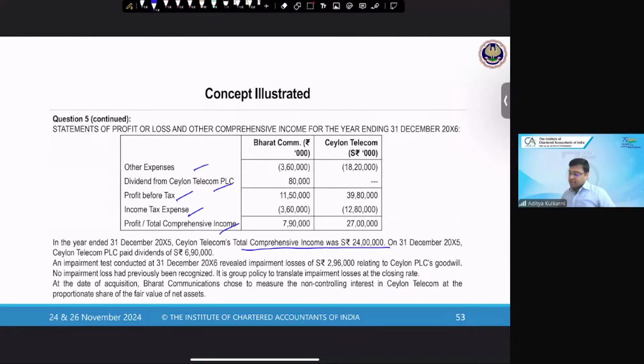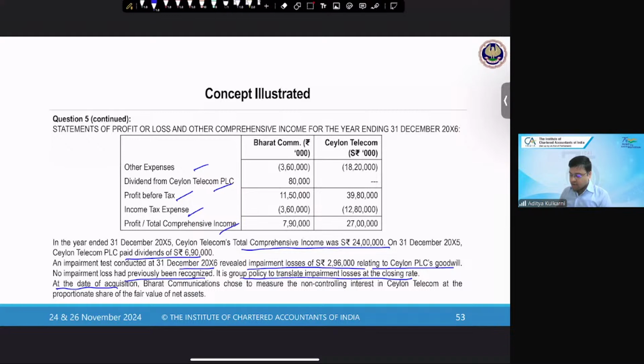On 31st December 20x5, Ceylon Telecom paid dividends of rupees 6,90,000. An impairment test conducted at 31st December 20x6 revealed an impairment loss of 2,96,000 relating to Ceylon PLC's goodwill. No impairment loss was previously recognized. It is a group policy to translate impairment losses at the closing date.